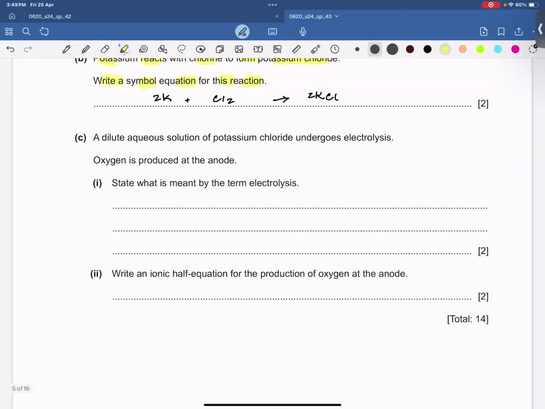A dilute aqueous solution of potassium chloride undergoes electrolysis. Oxygen is produced at anode. What is meant by the term electrolysis?